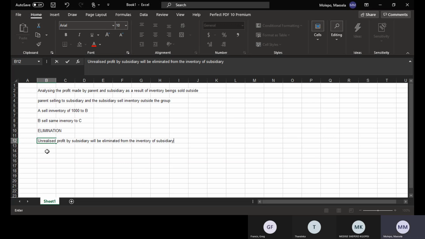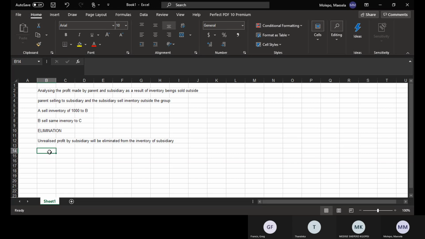And then another part, the unrealized profit will be eliminated from the cost of sales, while P Limited has to decrease its profit by taking it from the cost base.